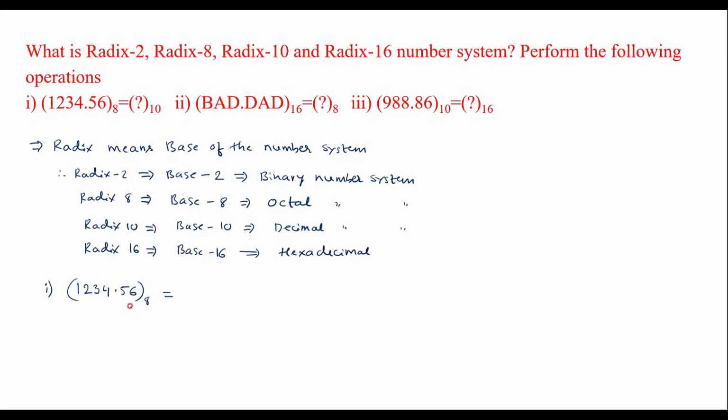Now we'll convert the octal number system into decimal number system, as radix or base is 8 here, so it is octal number system. Here we can observe that this is the decimal point, this is 0th position of the number, this is first position, this is second position, and this is third position. After decimal point, this is position minus 1, minus 2.